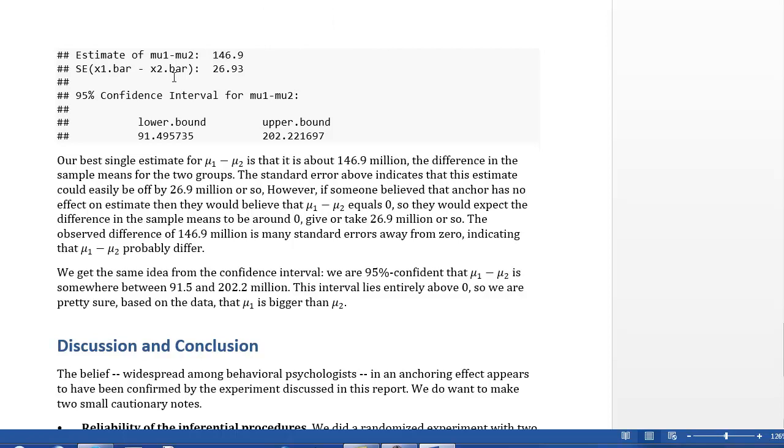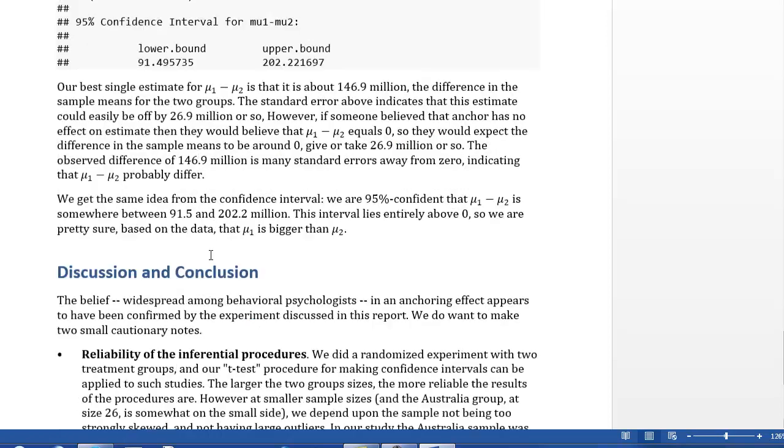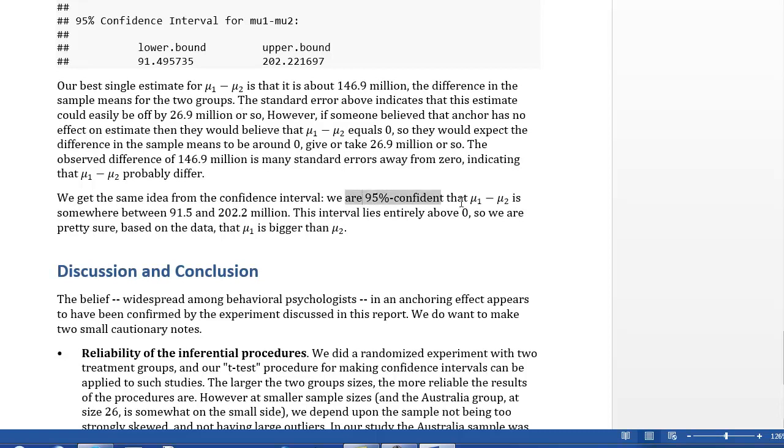We have a standard error for this estimate, and part of this paragraph addresses the significance of that standard error for the research question. Of course, we have our confidence interval, and so we interpret the confidence interval, but we also use the confidence interval to address the research question directly towards the end of the second paragraph of the discussion here.